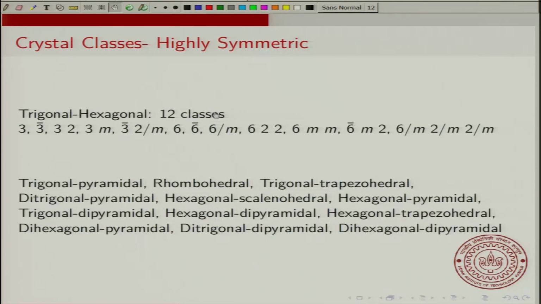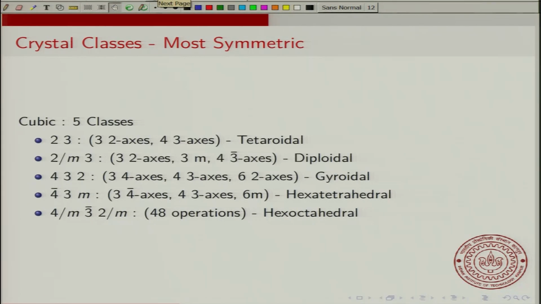Similarly, I do not expect you to know the 12 classes of the trigonal hexagonal systems, but I would expect you to know the 5 classes of the cubic systems. I would expect you to know that these are the 5 possibilities. So I will conclude this first lecture of week 6 here.